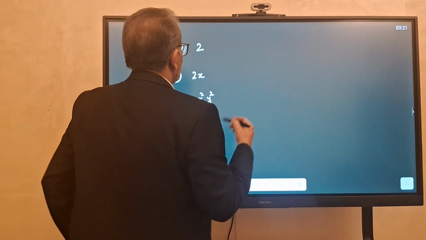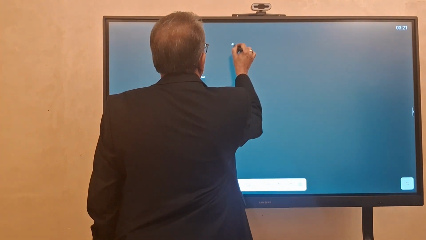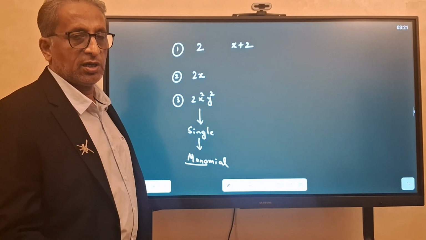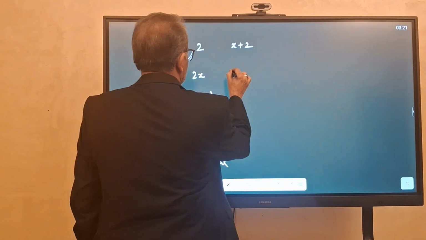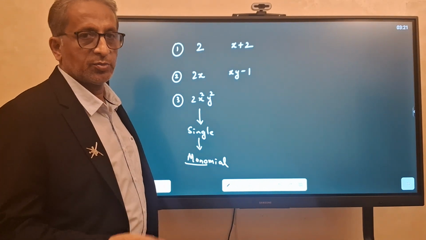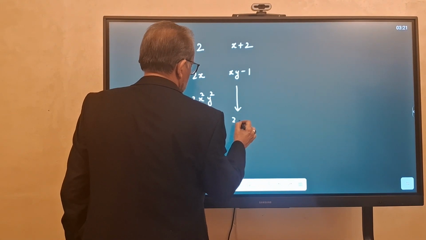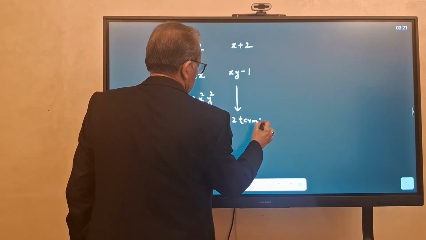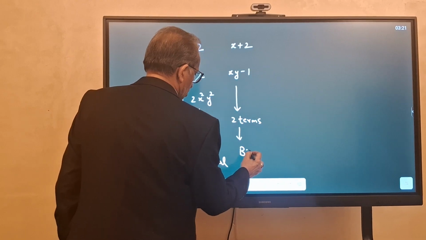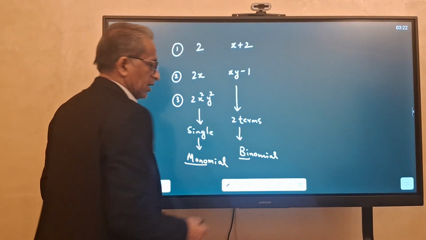Let me give an example of a polynomial of two terms. x plus 2 is a polynomial having two terms. xy minus 1 is a polynomial of two terms. When you have a polynomial of two terms, this is called a binomial. Bi is 2.